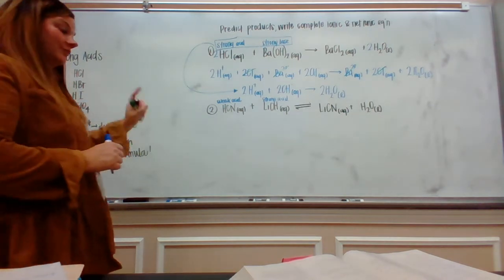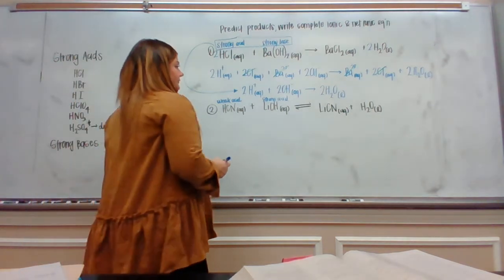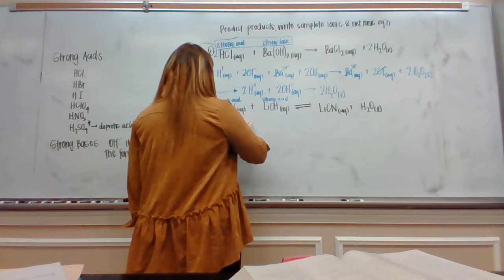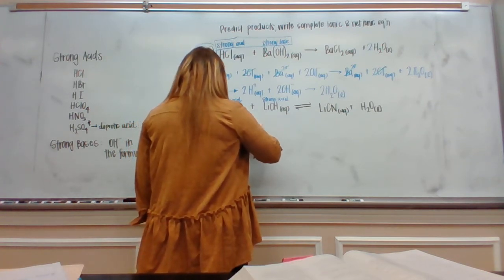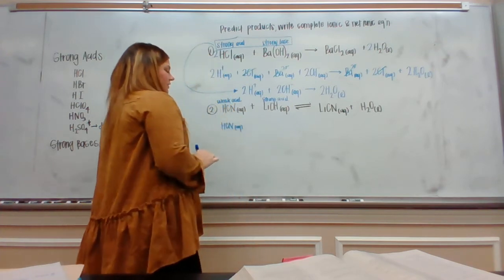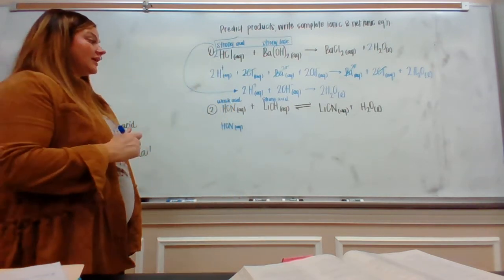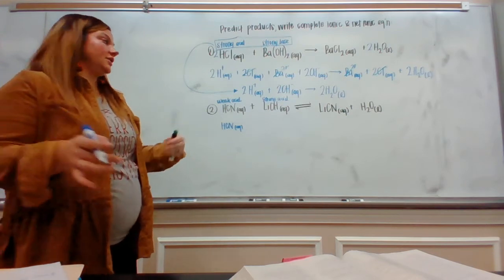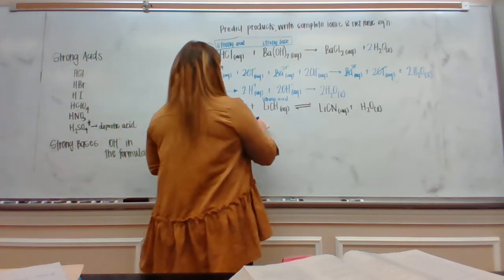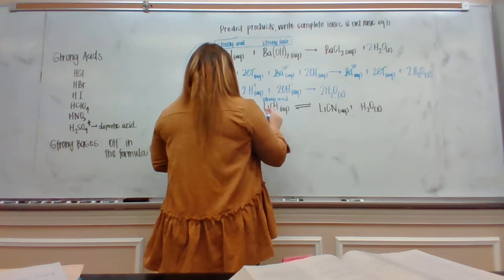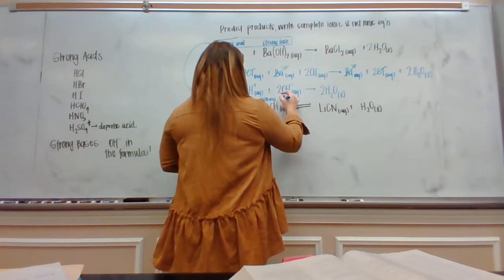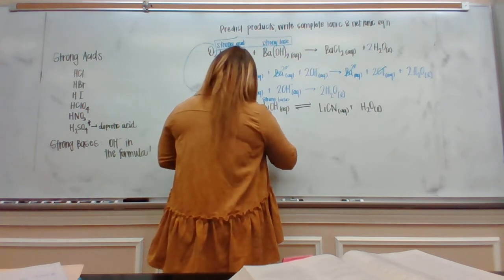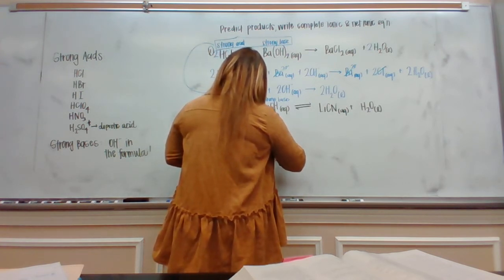Right, now, here's where things are different. Because HCN is a weak acid, you leave it together, you do not break it up. Okay, it's a weak electrolyte, so it doesn't dissociate completely in solution. We covered that at the very beginning of this chapter. This should say strong base. Okay, I do break up my strong base.